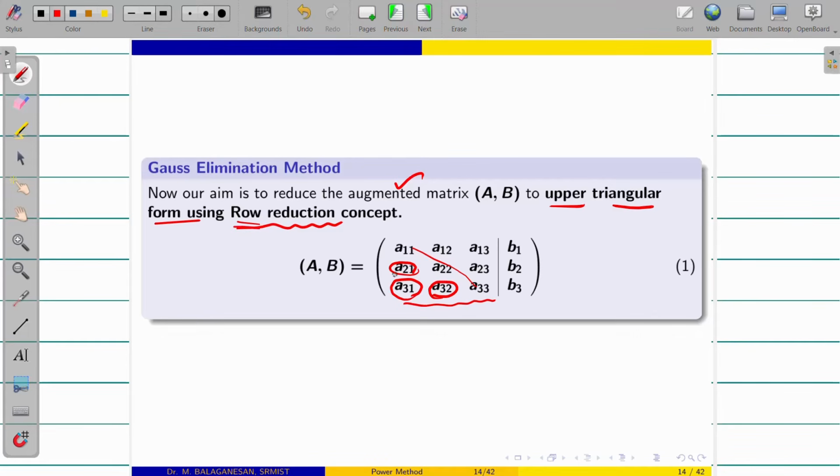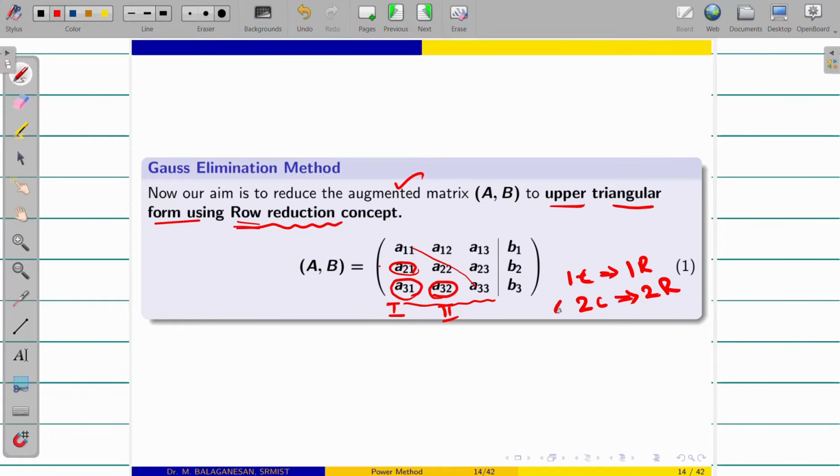We have to do this step by step. First, we have to reduce the first column elements to 0. In the second step, we have to reduce the second column element to 0. To reduce the first column elements to 0, we need the help of the first row. To reduce the second column element to 0, we should use the second row element.